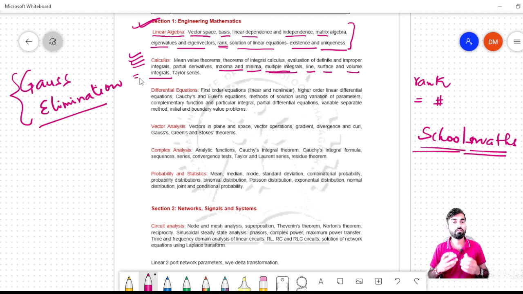What is the application of these topics in your technical subject? If you go for electromagnetic theory, you will find line, surface, volume kind of integrals, so you need to understand this. In fact, maxima and minima plays an important role everywhere. If you want to maximize anything, you need to know the concept of maxima and minima.